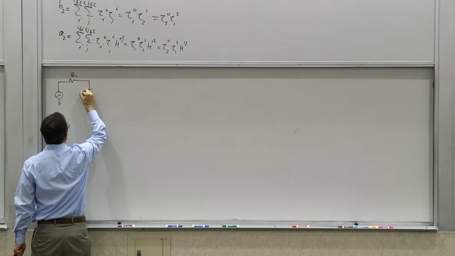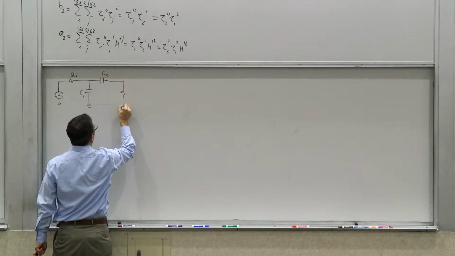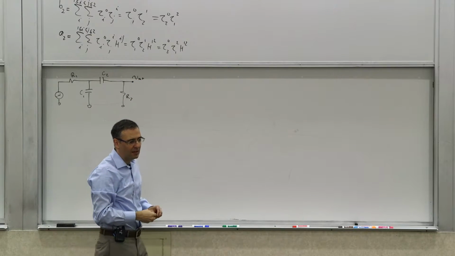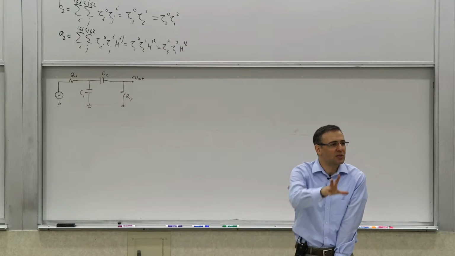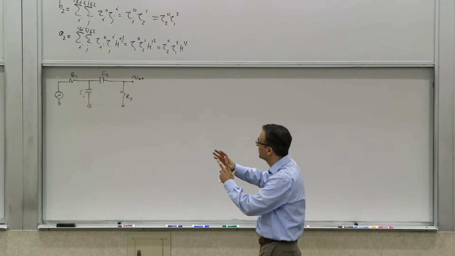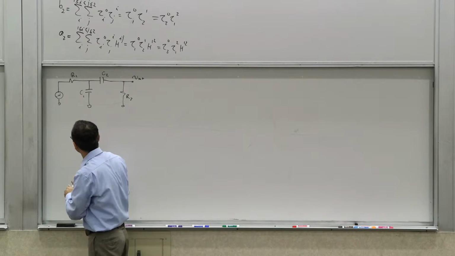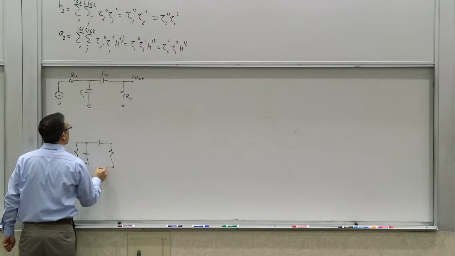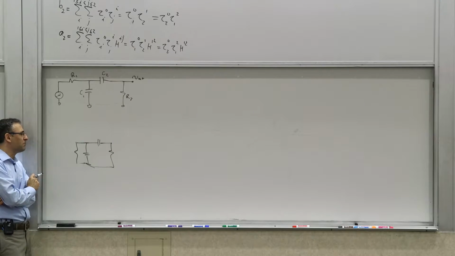Let's call this R1, C1, and then C2 and R2, and this is the output. By the way, is it a meaningful question if I show you just a network of capacitors and resistors, and I ask you, what are the poles of this circuit?